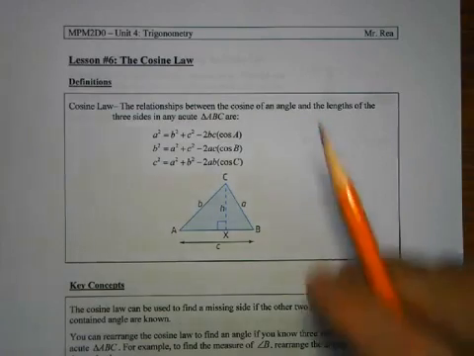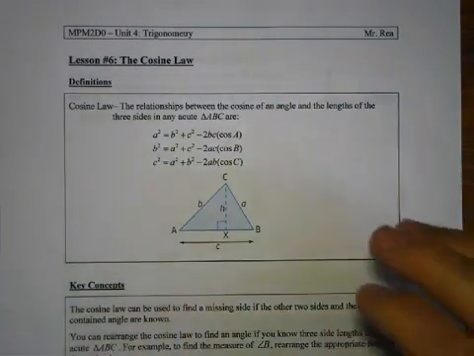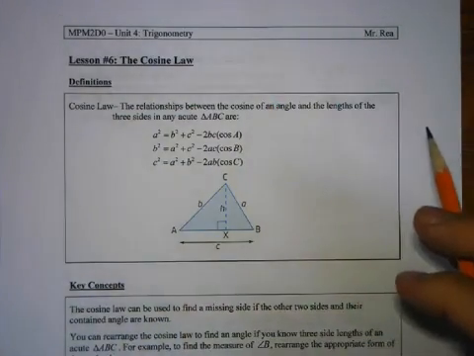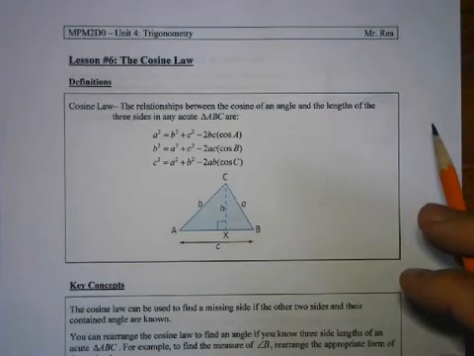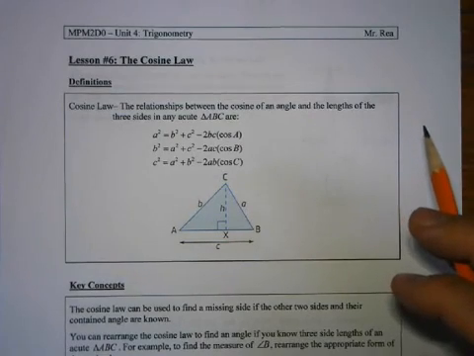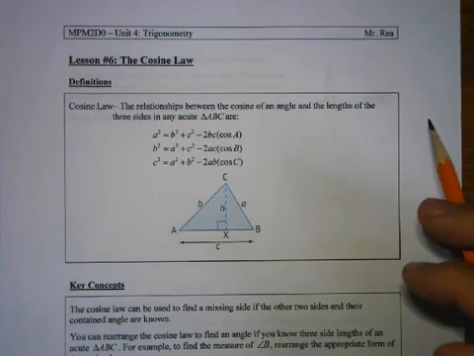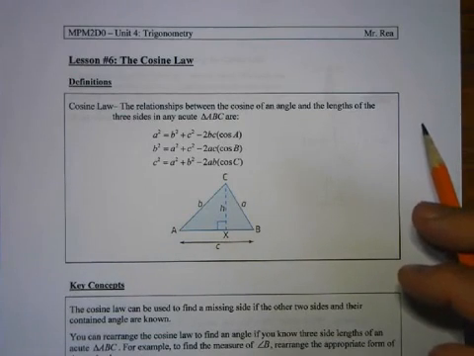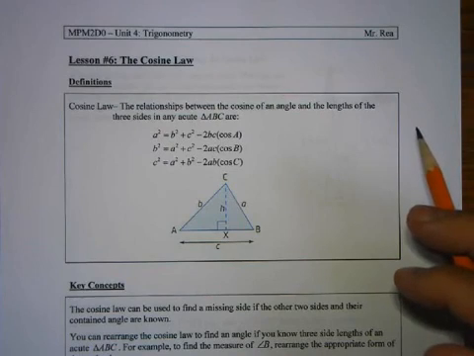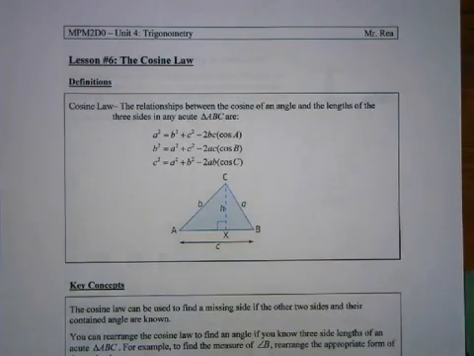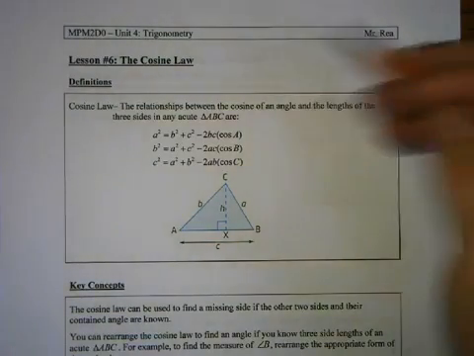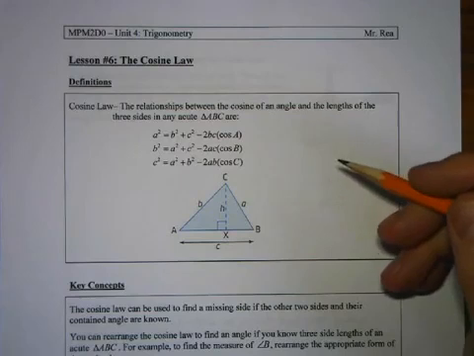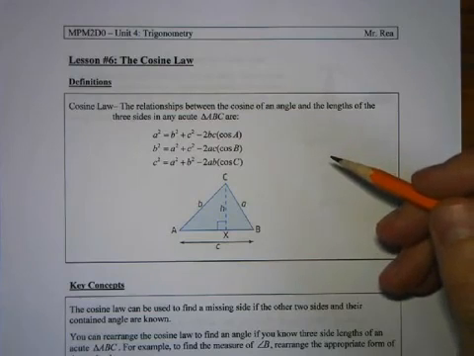Okay, so this last lesson is called the cosine law. If you remember, the previous lesson was the sine law. The sine law was a formula, an equation we used when we had a non-right triangle, no 90-degree angle, or at least we don't know for certain there's a 90-degree angle. I won't restate the formula here, but in order to use the sine law, you had to know certain information.